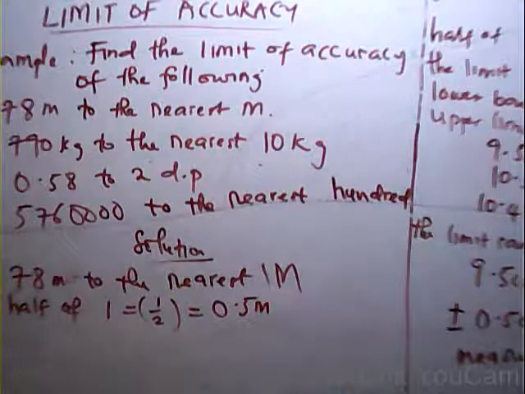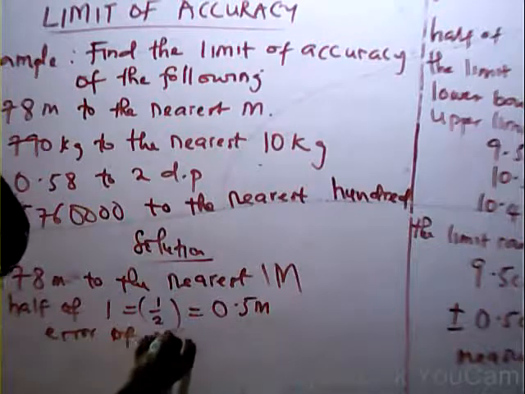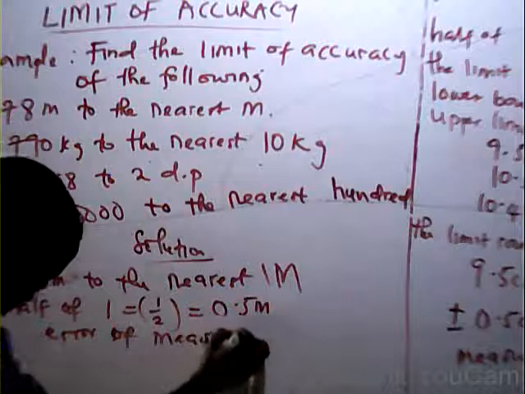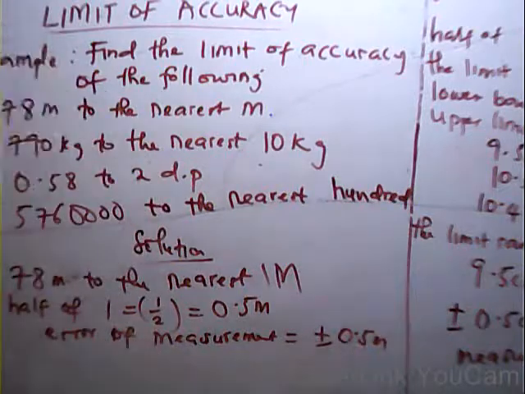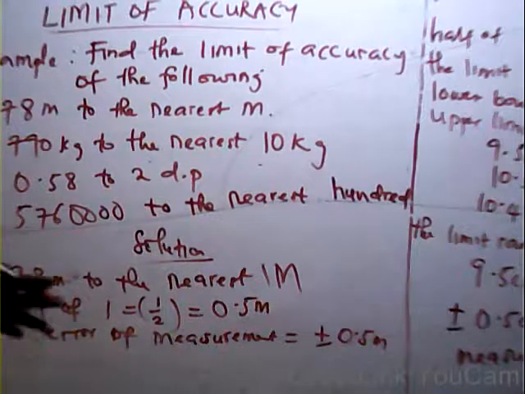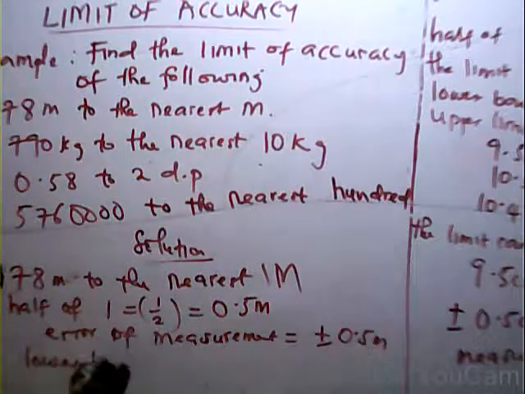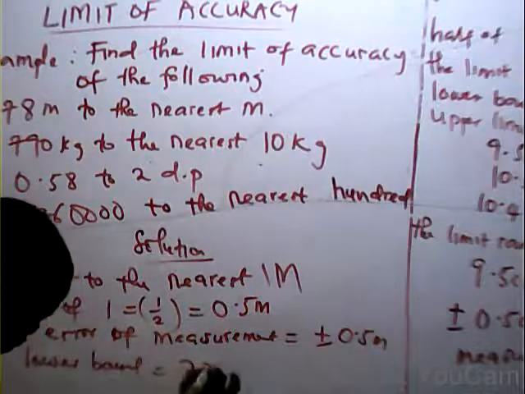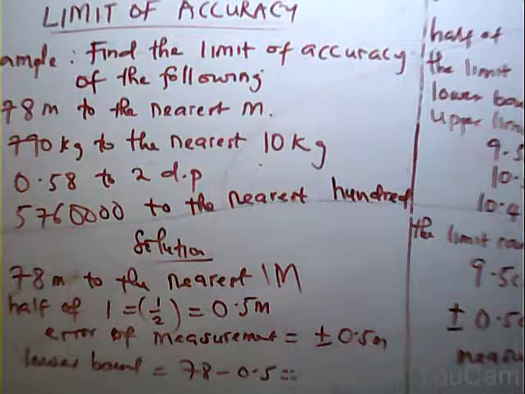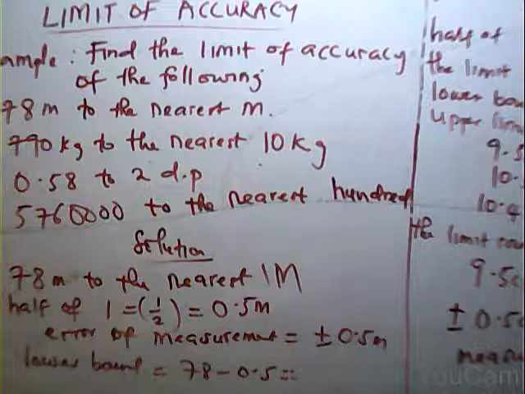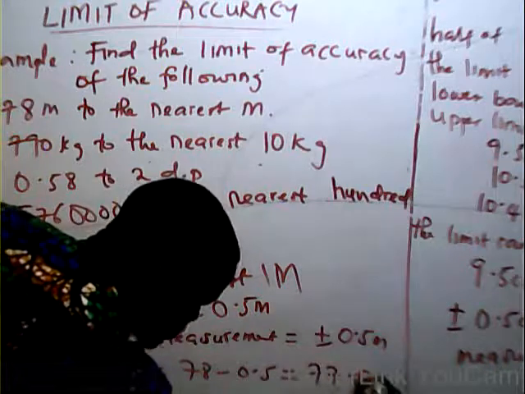So therefore, the error of measurement there is equal to plus or minus 0.5 meter. So the lower bound will be 78 minus 0.5, which is 77.5 meter, right?